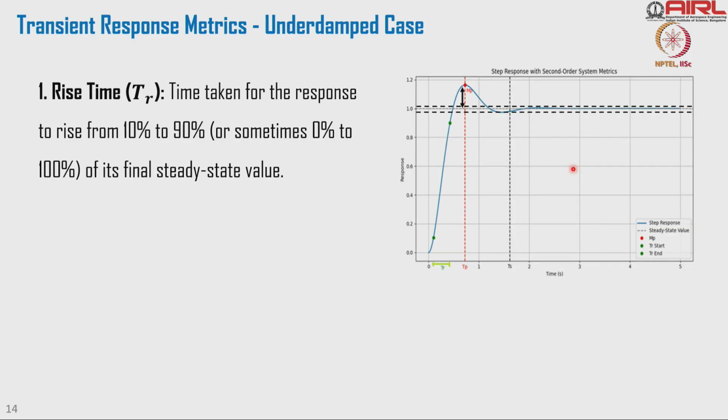Now let us define certain parameters which are very useful when we go beyond this lecture, when we talk about control system design. Usually when we talk about control system design, you need to think about one aspect very clearly. The user is going to give the requirement specification. I take a classical example, an elevator. You get into an elevator, what is the user requirement?